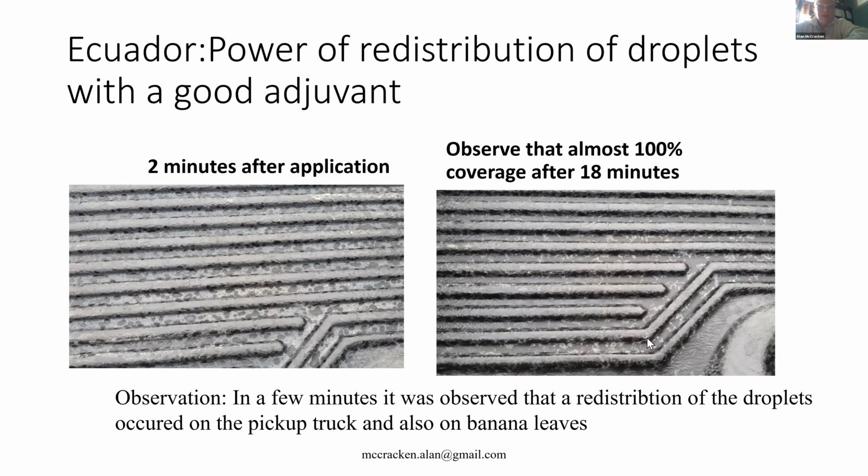I came out from the banana plantation later, and before getting in the truck, I had a look on the platform of the truck in the back, took another photograph. It was 18 minutes later with almost 100% coverage, and the droplets were still wet. This may be a new observation for most of you, but for me, it's fundamental. If the droplet does not stay wet, the application was a disaster.